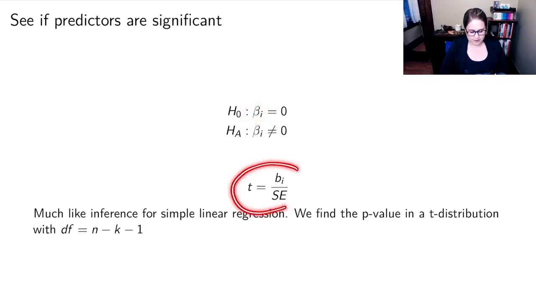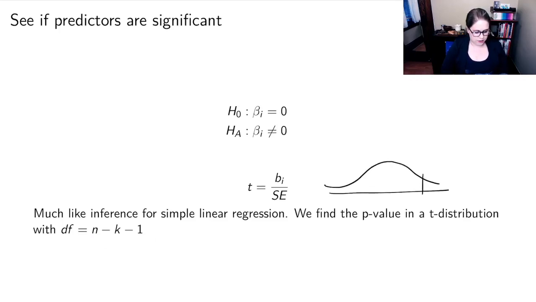We're going to find the same kind of t-value, where we take our fitted coefficient b_i over the standard error, and then find the p-value in a t-distribution with degrees of freedom equal to n minus k minus 1. We look in the tails to see where that t-value falls, and then we look at that p-value.